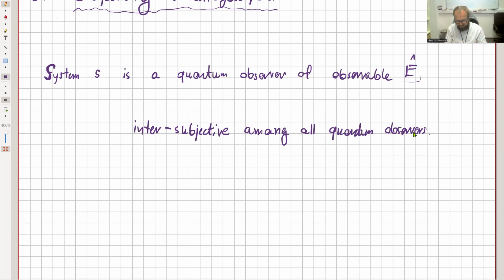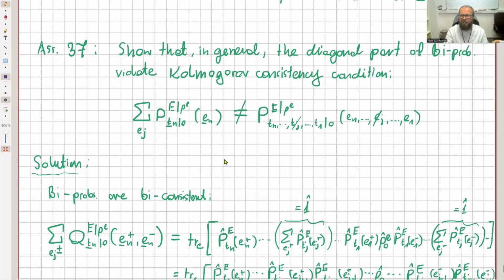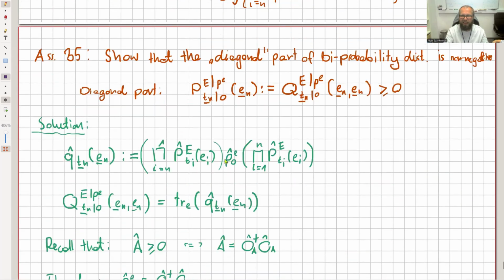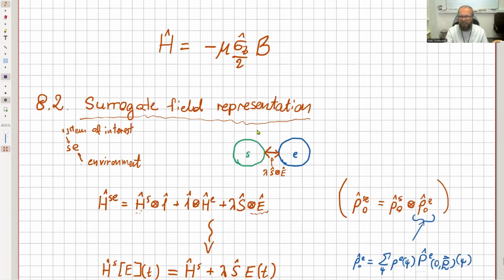So the idea is to basically forget about open systems for now. We have this system-environment pair, and let's now forget about S completely. We just have E only.